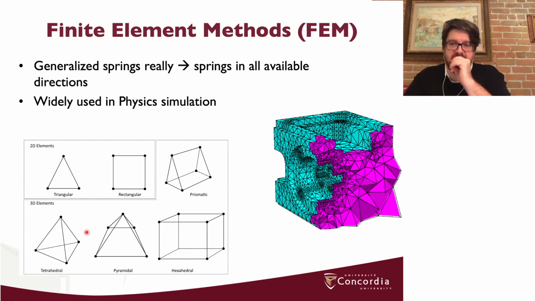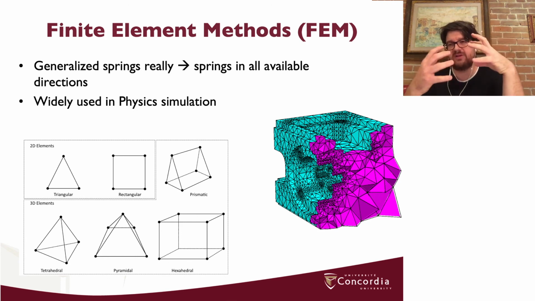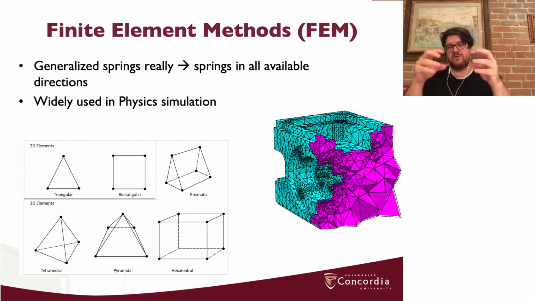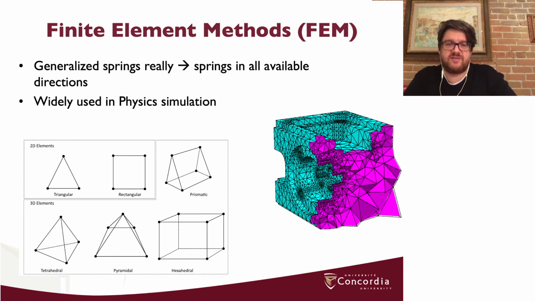But in 2D or in 3D, it's not very clear what it means. How the internal forces work for 2D or 3D elements is actually much more difficult. And it goes from a force-centric view of the simulation to an energy-centric view.